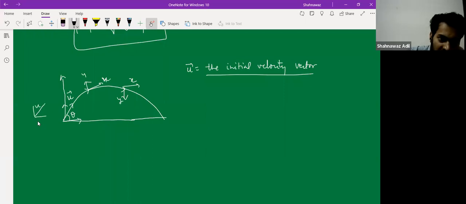So what will be the x component here, Abhinav? This is theta. What will be the x component from the vector classes? Abhinav?